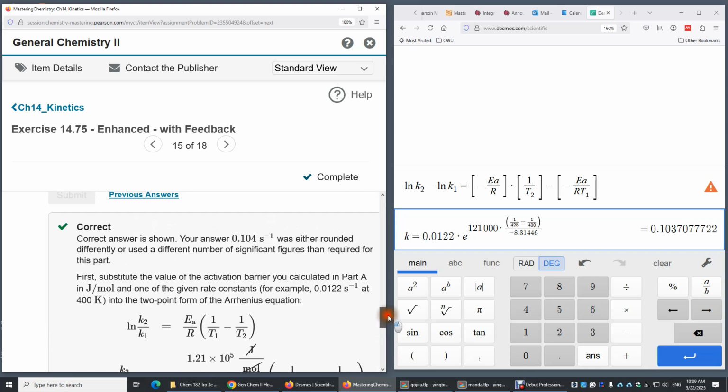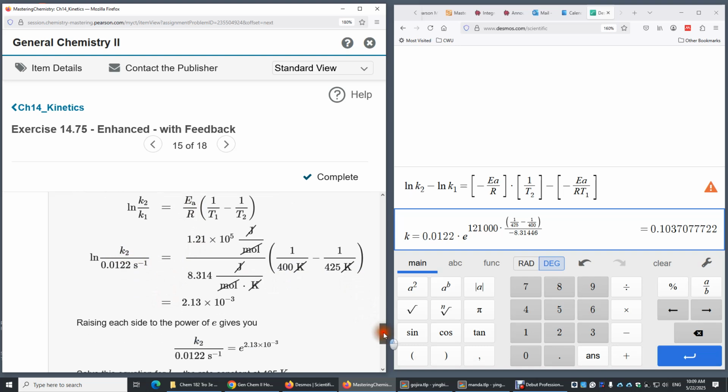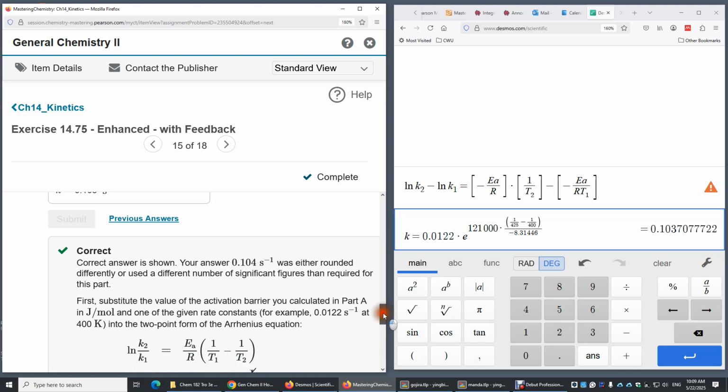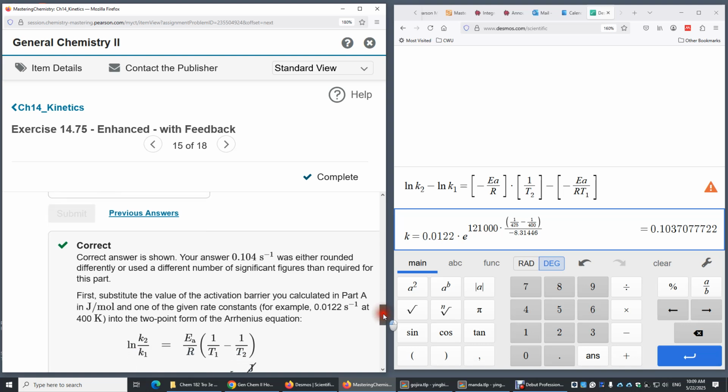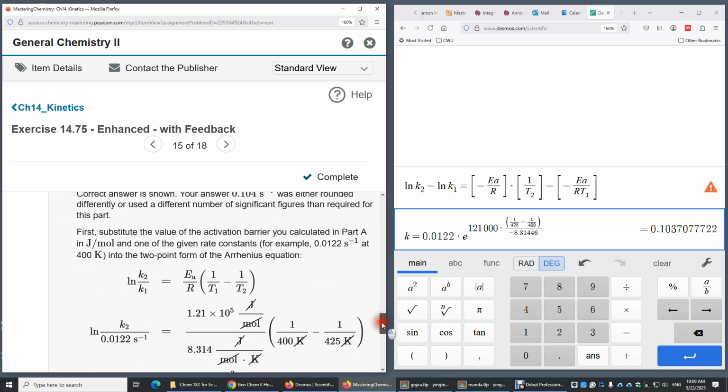All right, so correct. Yeah, over here they also used the value of activation energy to compute the rate constant at a different temperature. But again, given the information we have, we can calculate the pre-exponential factor A. And then you simply use the Arrhenius equation to make predictions.